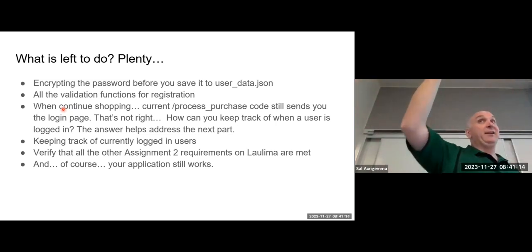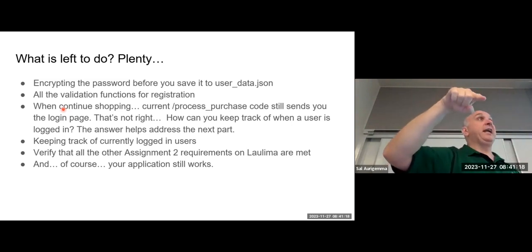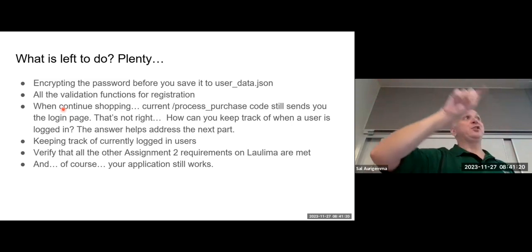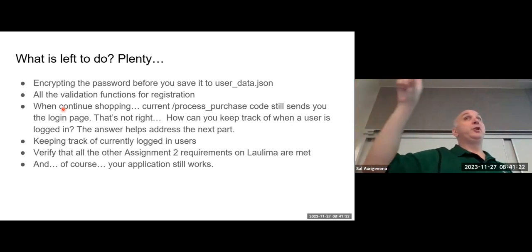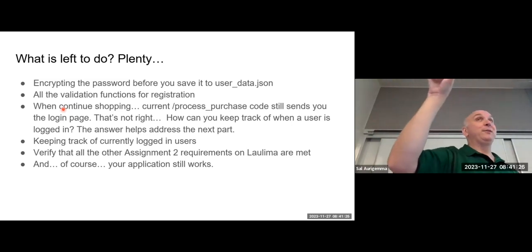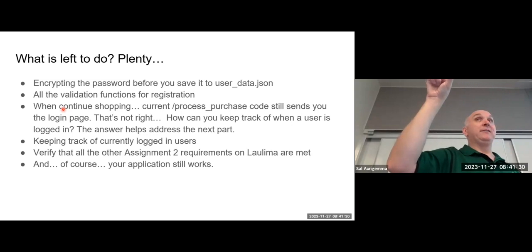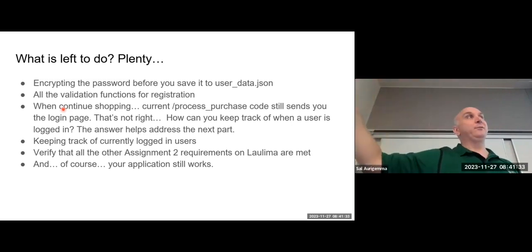It says, welcome Tay, here's how many items you currently had already chosen. Then you hit purchase again, and it sends you back to the login, because that's the current way I have it programmed. So you can imagine a simple if statement: if there was some value that you had added that said that this person was logged in, then you can go straight to the products page. Does that make sense?